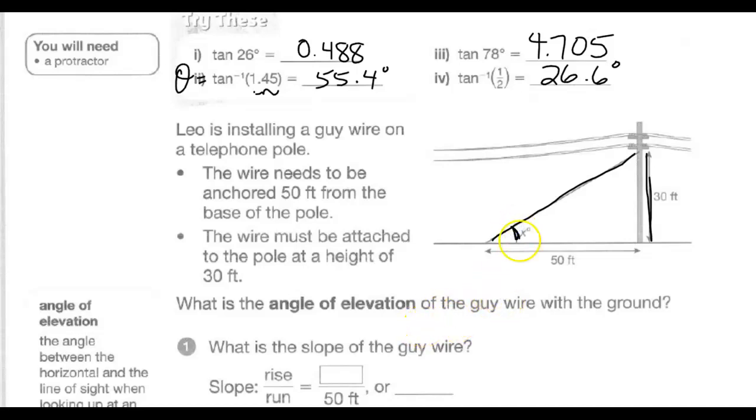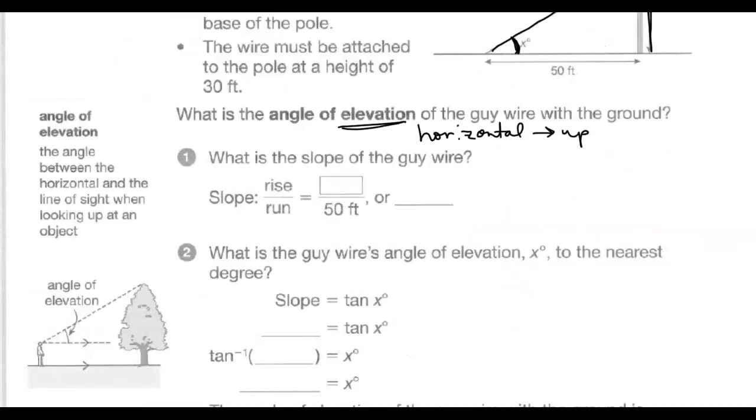So it's labeled here, but angle of elevation is always the angle from the horizontal up. Okay, so you look out from your line of sight and you look upwards to the top of whatever object, in this case the telephone pole, and it says the angle of elevation of the guy wire. That's what we're trying to figure out. So it's this angle here from the horizontal up.